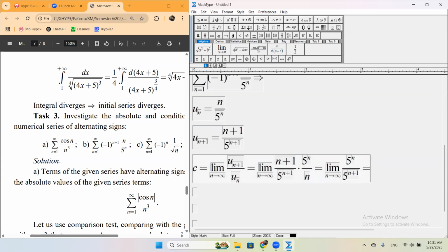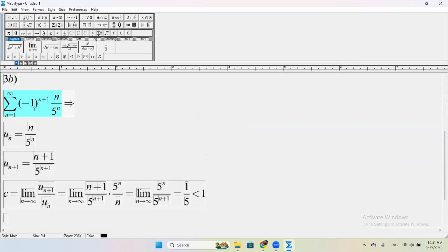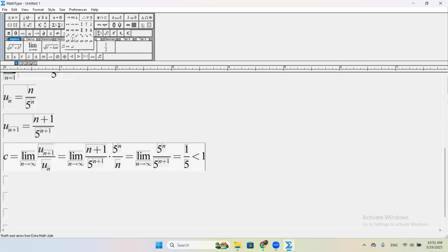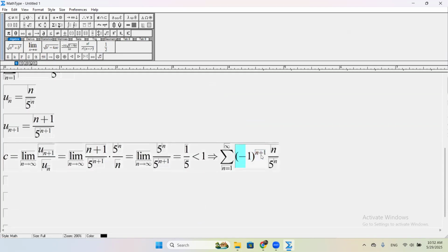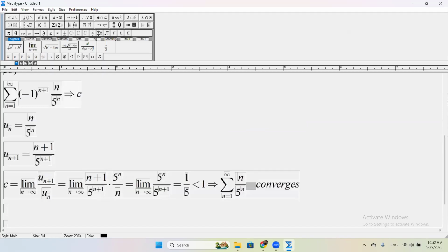And here I receive 1 over 5. So it is less than 1. So it means that this series, the series of modules, it looks like this. It converges. And the initial series converges absolutely.